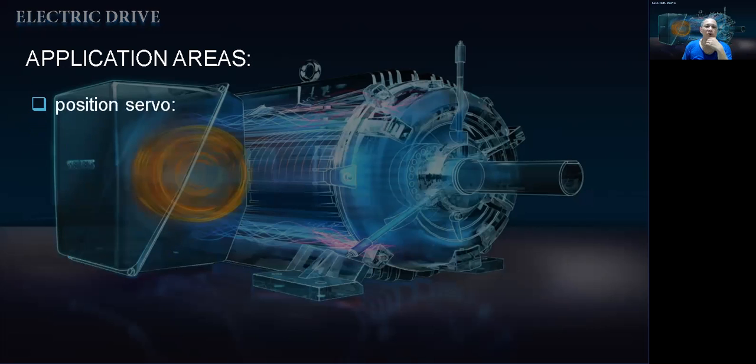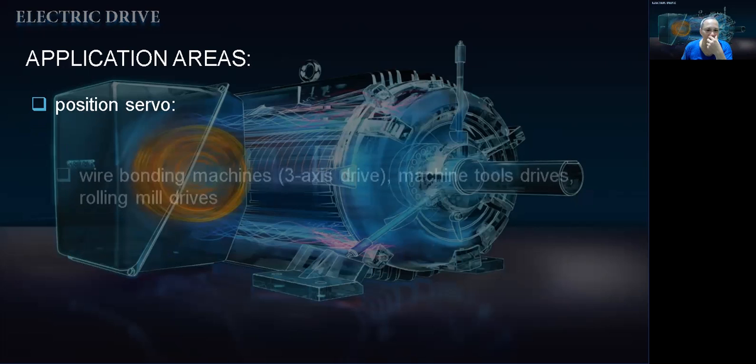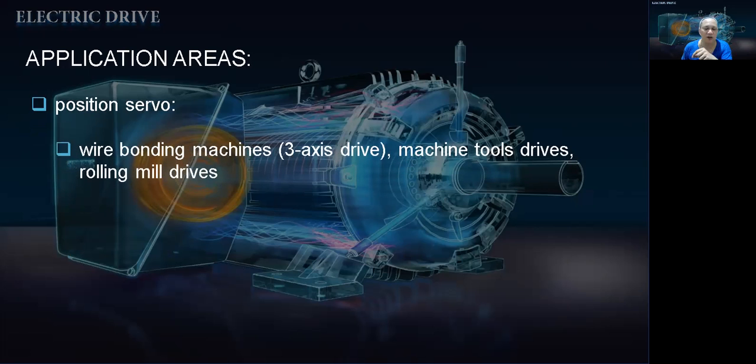And the third one is position servo. Servo means you are following a path, tracking something, and then pointing to the spot or the path that is desired.